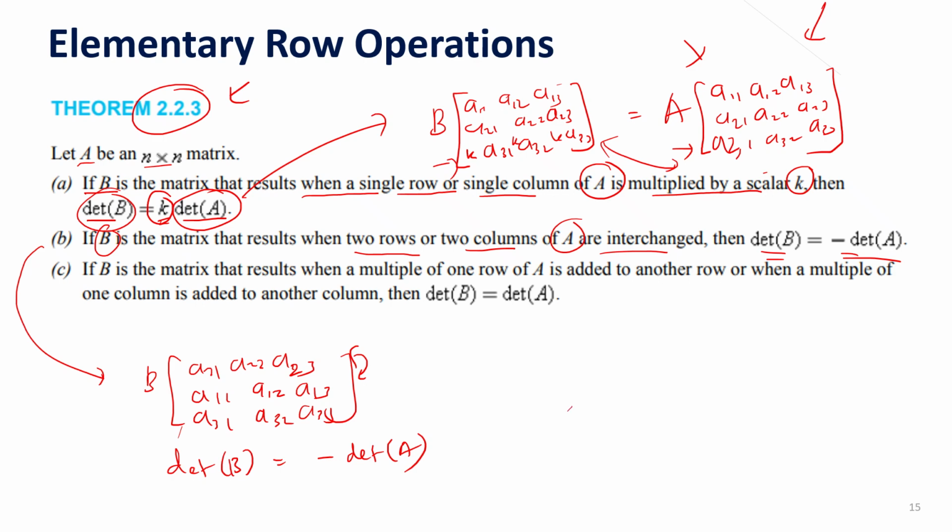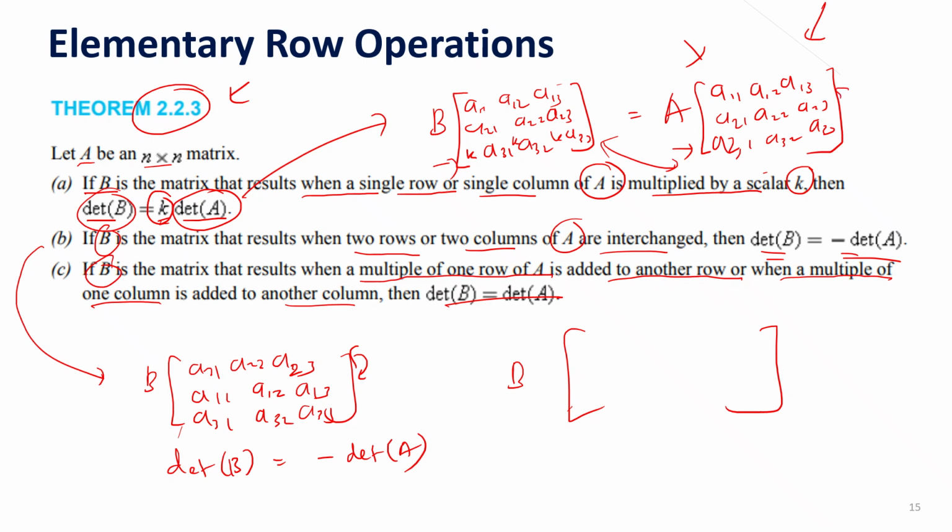Okay, the last one is when matrix B is the result of a multiple of one row of A added to another row, or when a multiple of one column is added to another column. So the determinant is the same. Let's say you add the third row to the first row.